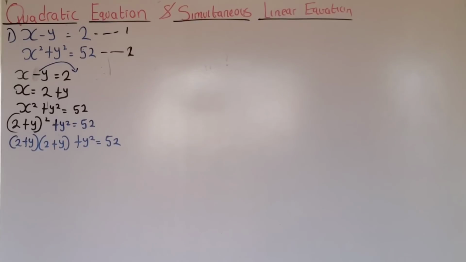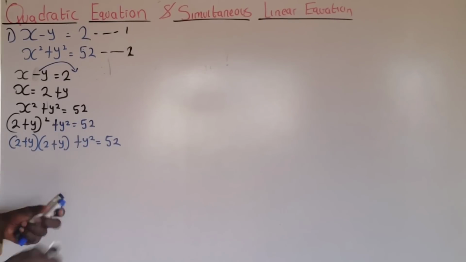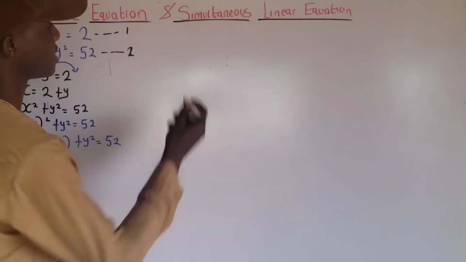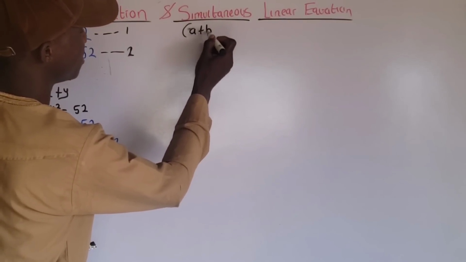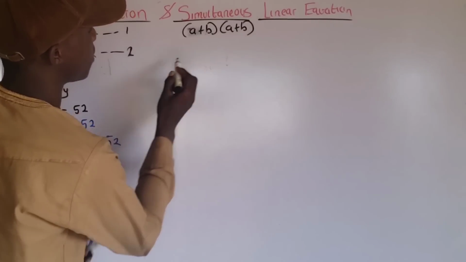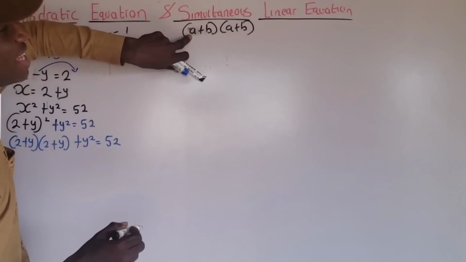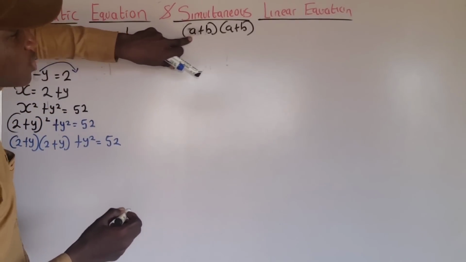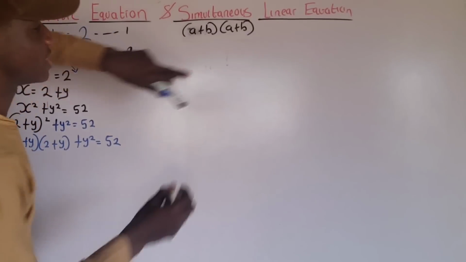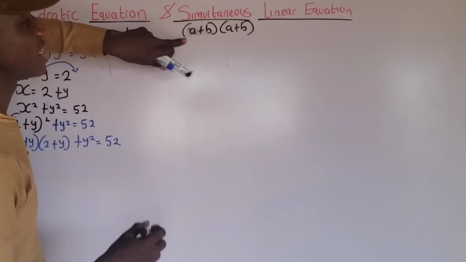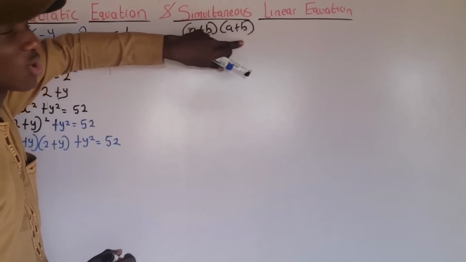I'm very sure you were part of our previous class when we dealt with algebraic expansion. There, I showed you something like this. We are asked to expand this bracket, that is, (a plus b)(a plus b). We take the first term in the first bracket and use it to multiply all the elements in the second bracket.